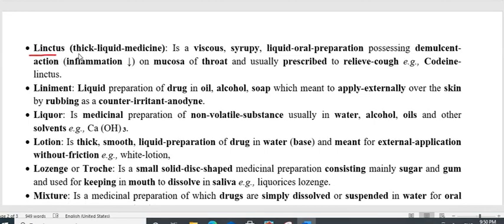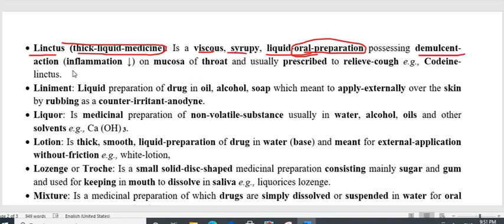So linctus is a liquid medicine, but thick in nature. It is viscous, syrupy, and this is very, very important, used for oral preparation. If you want to define linctus in simple words, it is a liquid oral preparation possessing a soothing effect that we call demulcent.